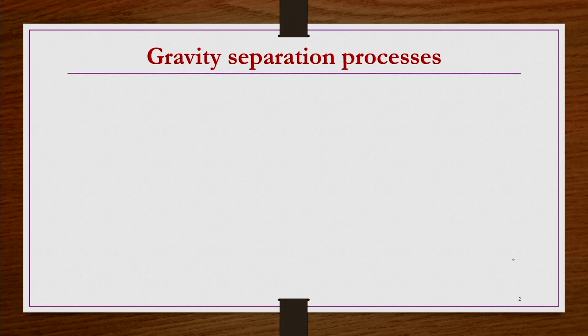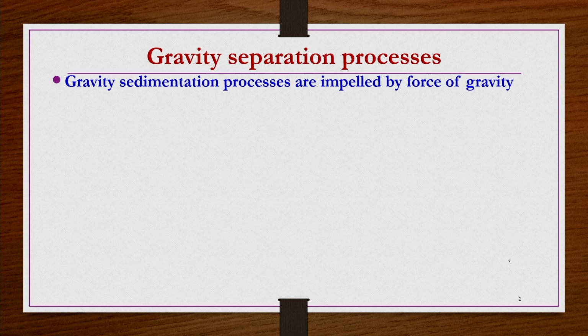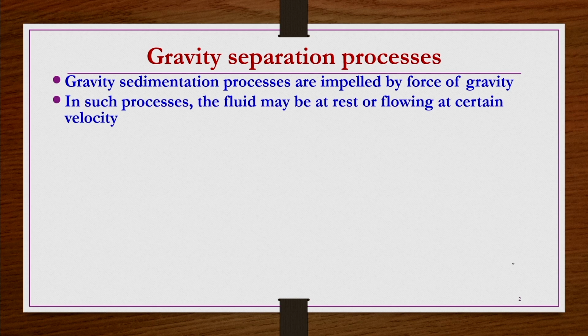Gravity sedimentation processes are impelled by the force of gravity. Because of gravity the sedimentation is taking place. In such processes, the fluid may be at rest or flowing at a certain velocity.